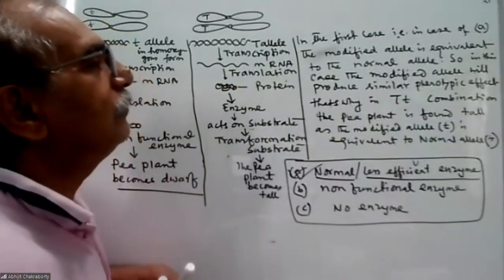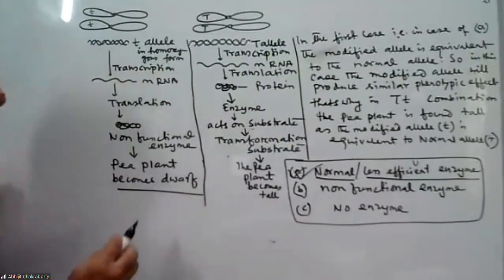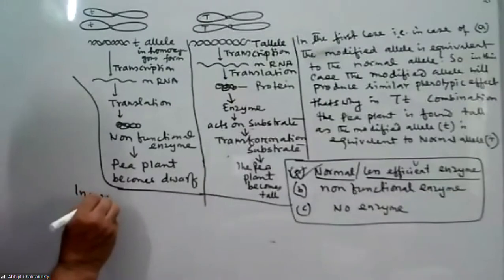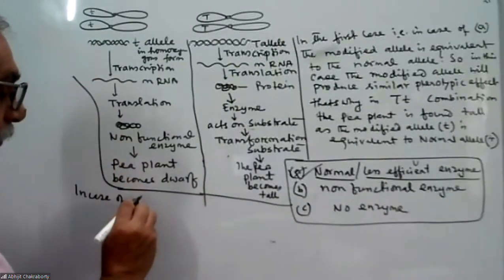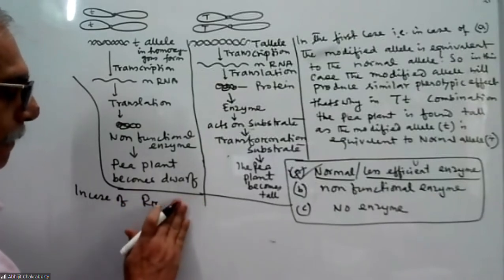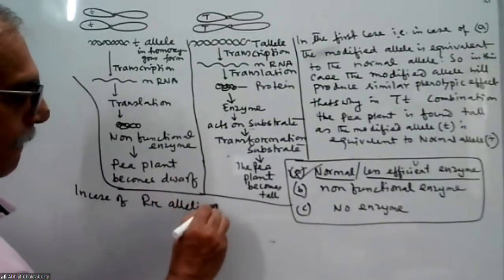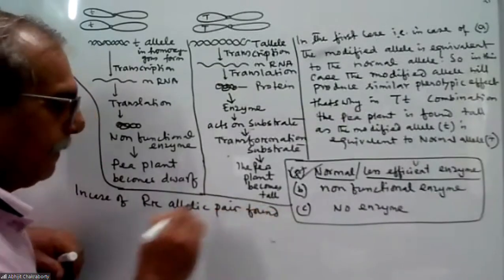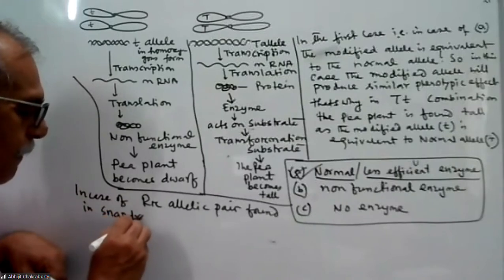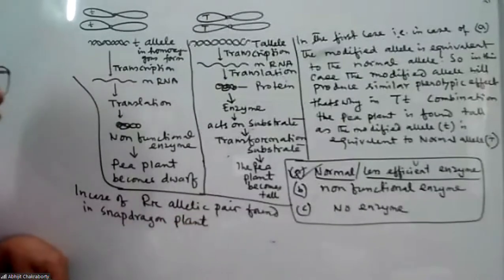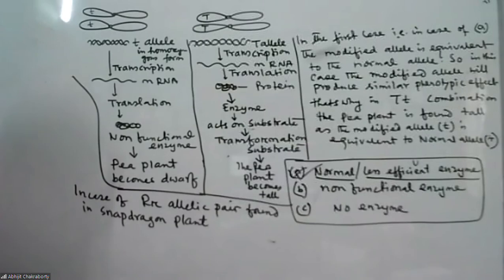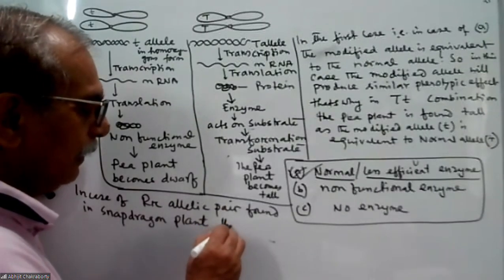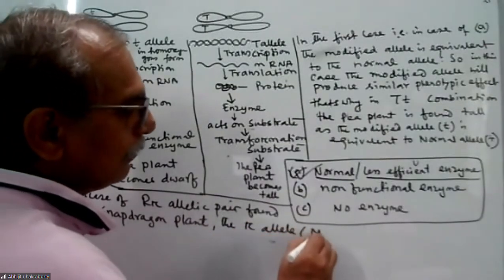Yes, sir. Now, in case of the RR allelic pair found in Snapdragon plant, the R allele is the modified allele.